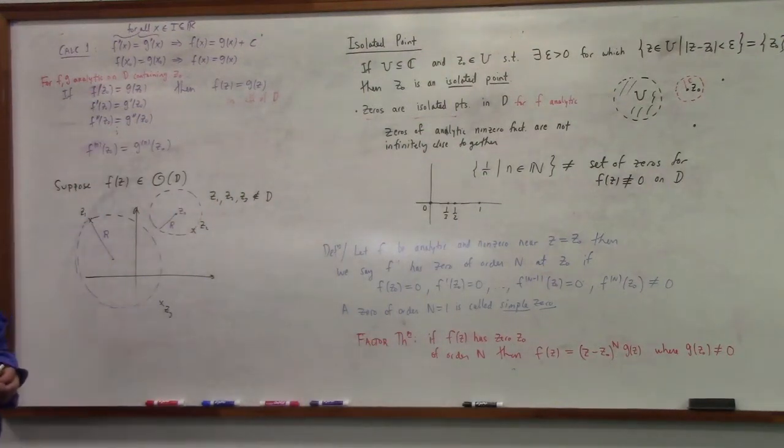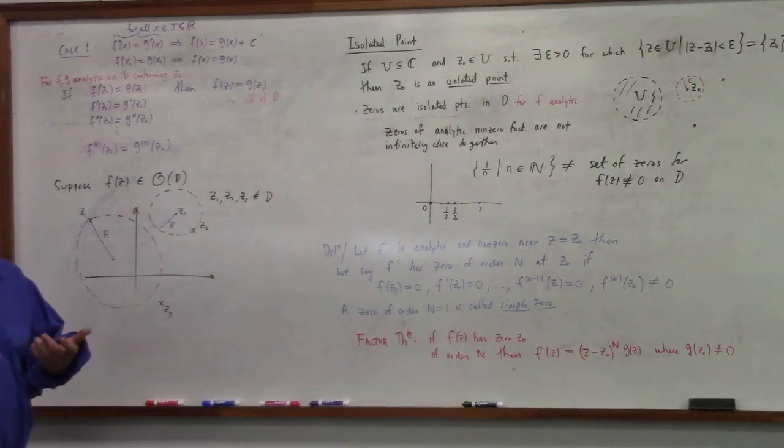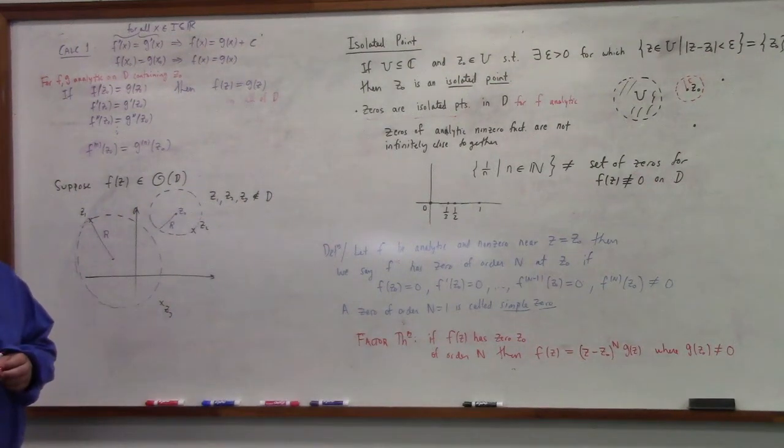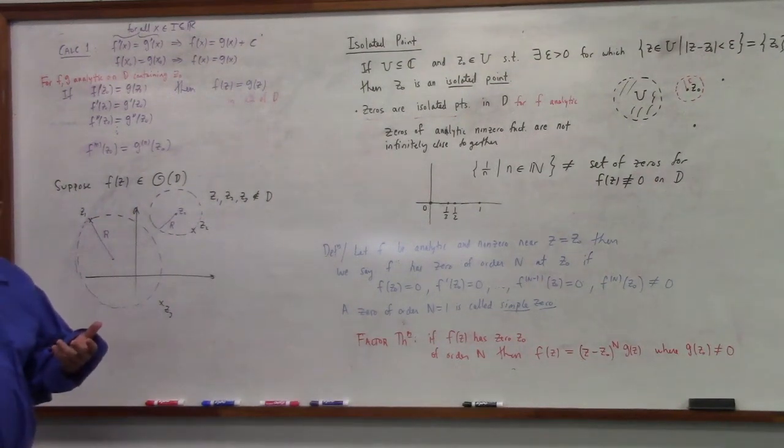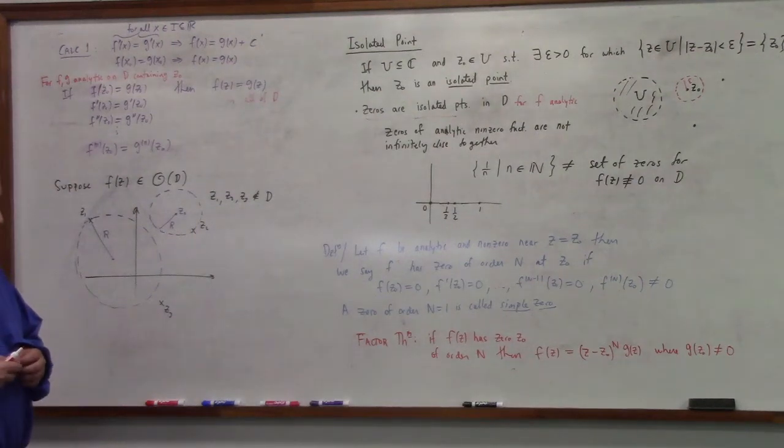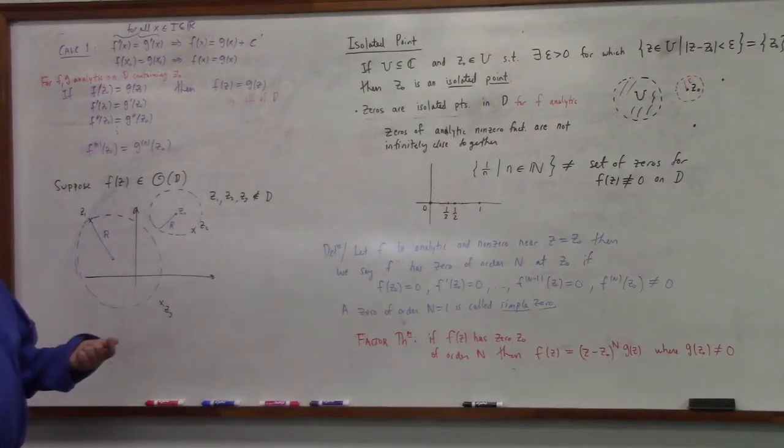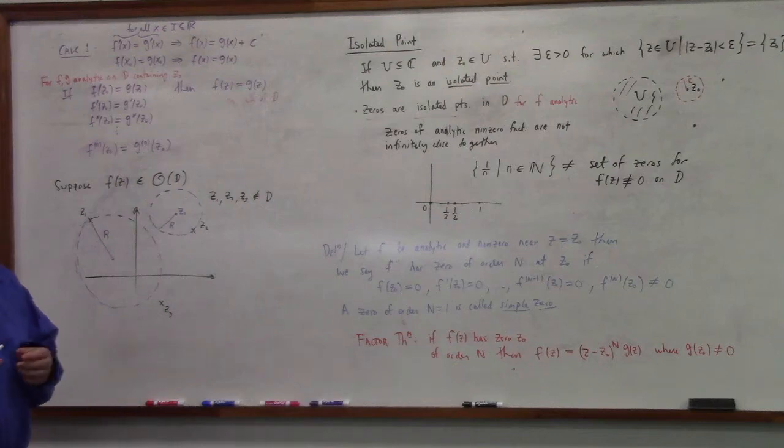And here g of z is another analytic function. For polynomials, we're most familiar with it for the case of a simple zero, where we just factor out one factor.